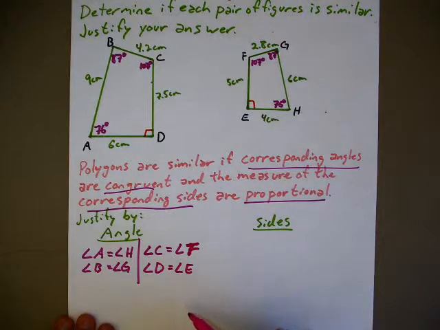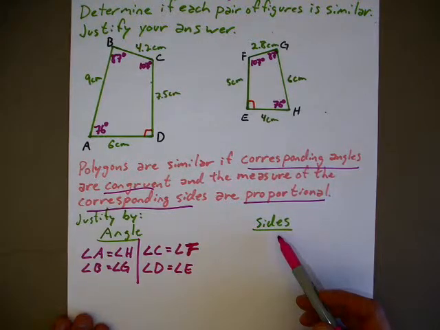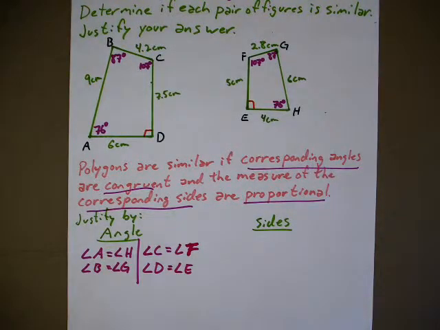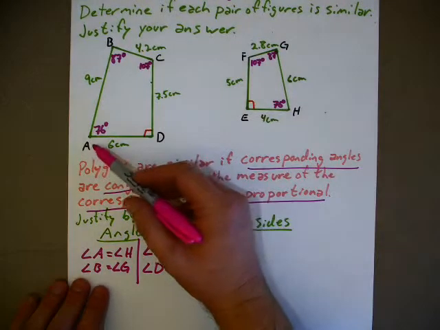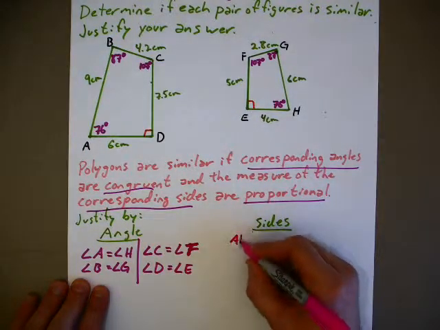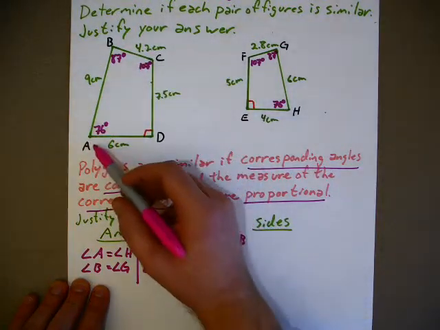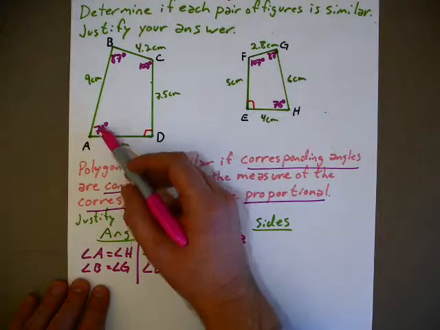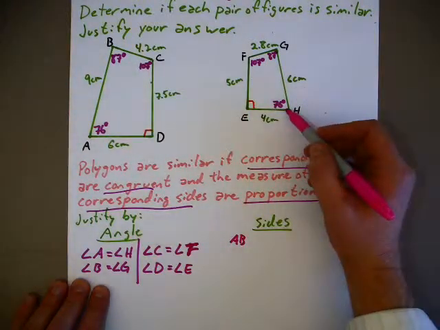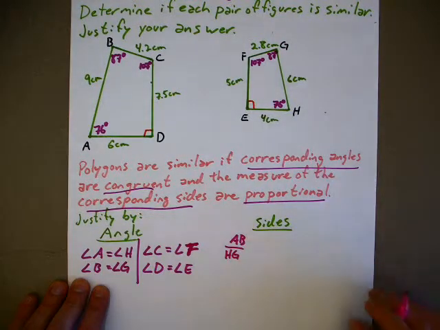And so what we need to do now is to not just see the angles, but we also have to justify by side. So we need to set up proportions. So we see that it looks like AB corresponds to, because it's between the 76 degree angle and the 87 degree angle over here, HG is that same corresponding side.